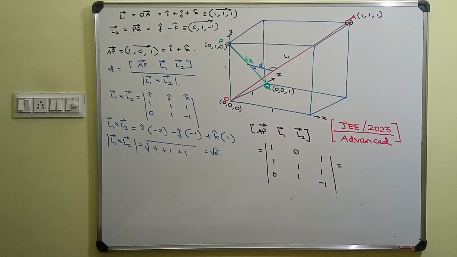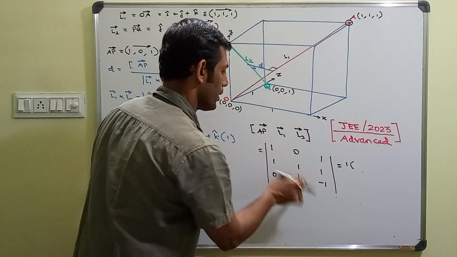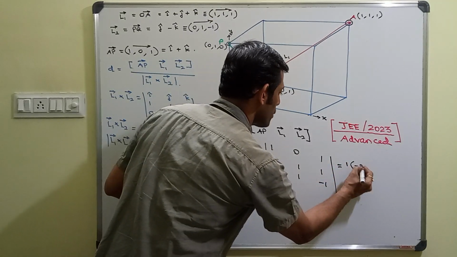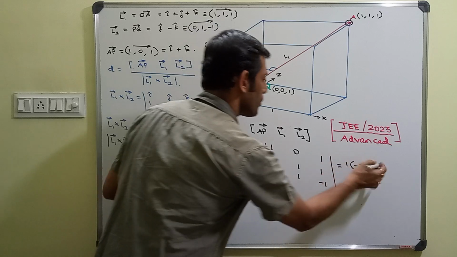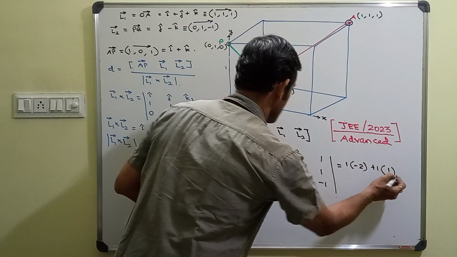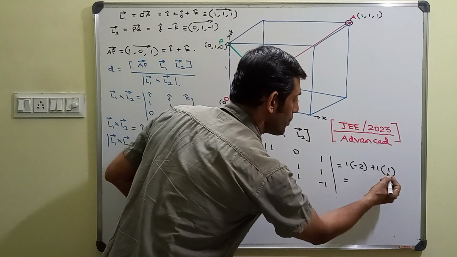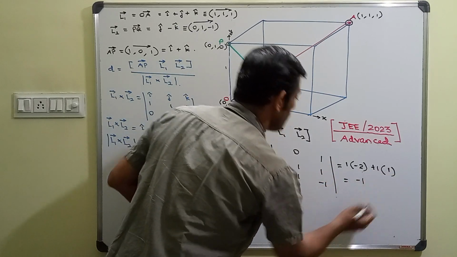We will have to calculate this. Let's begin. 1 into minus 1 minus 1, it's a minus 2. 0 goes, plus 1 into 1 minus 0, so this is a 1. And therefore this is simply minus 2 plus 1, that is a minus 1.